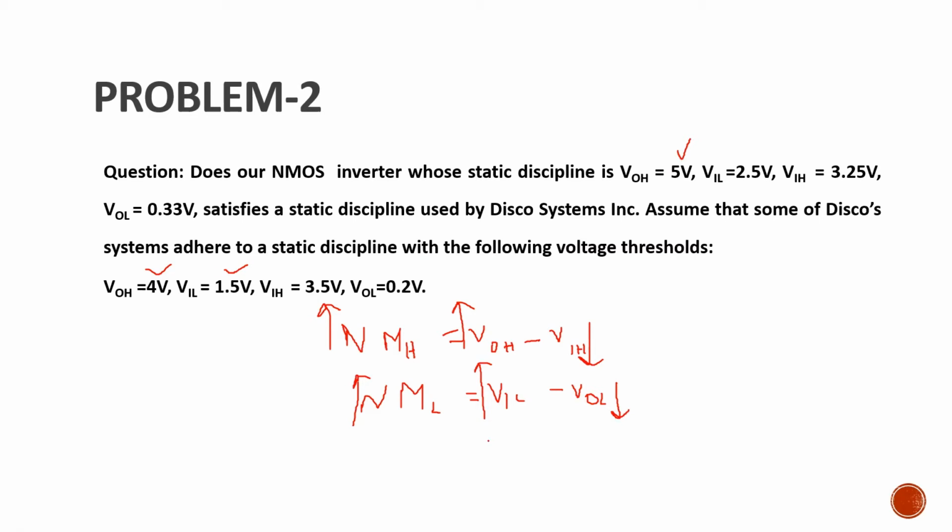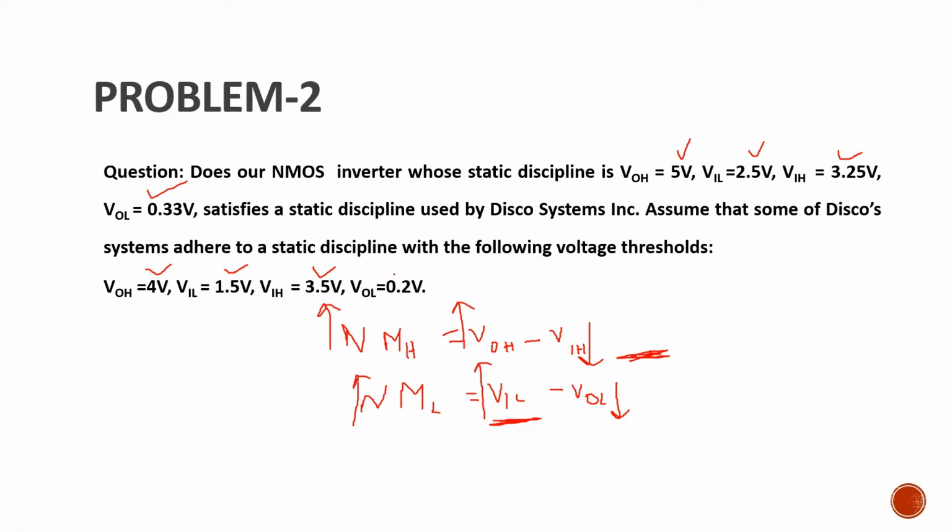We want VIL to be maximum, I mean more than the system value. Here the VIL value is 2.5 volts. Wow, here also satisfied. Now VIH is 3.5 volts. VIH must be smaller than system's value. Here the VIH is 3.5, here it is 3.25. Yes, it is also satisfied, but whereas 0.33 is VOL.